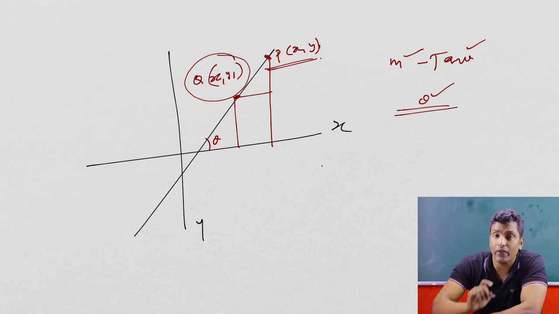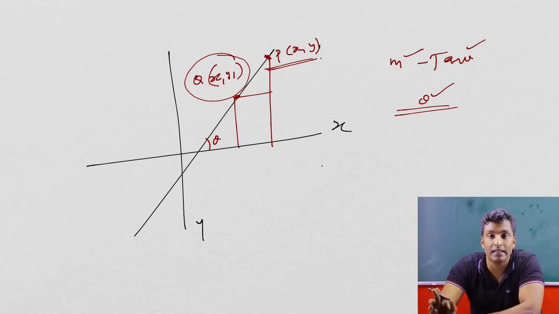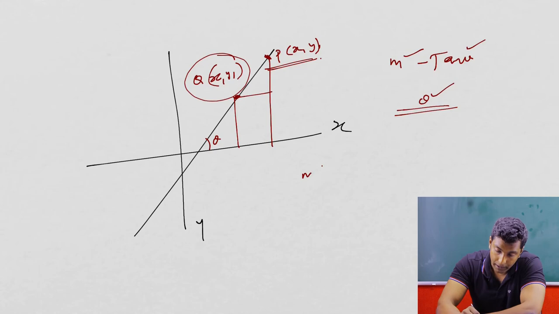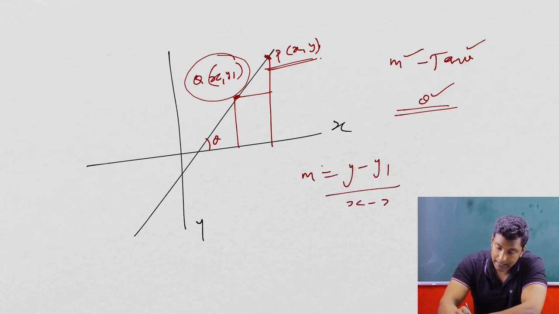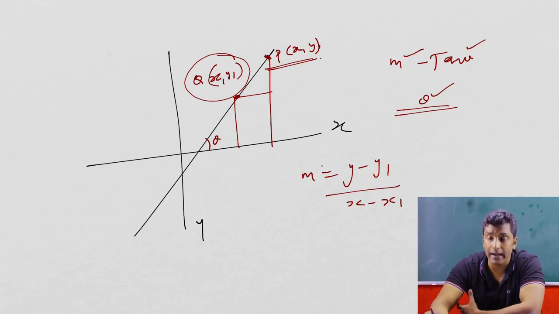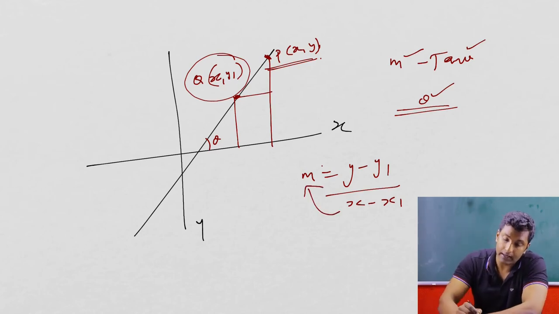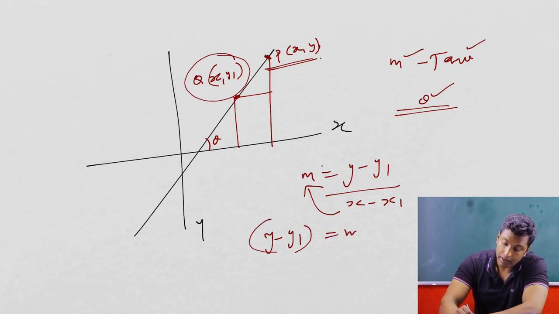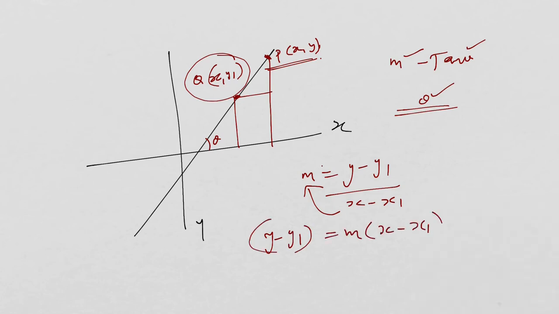When 2 points are given, how will you get the slope? Slope m is equal to y minus y1 divided by x minus x1. This was your slope, right? Now what you can do is take this to this side. So what you get, y minus y1 is equal to m into x minus x1. And this is the equation of the line that I'm talking about.